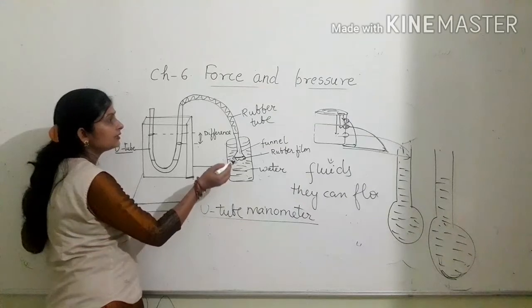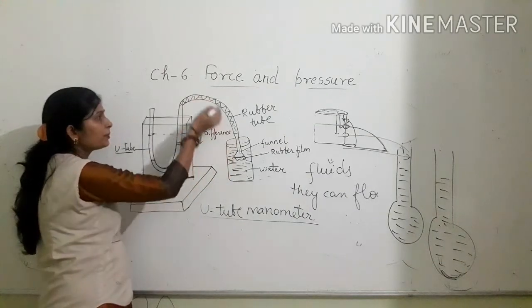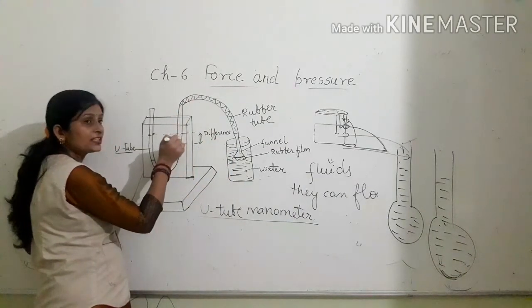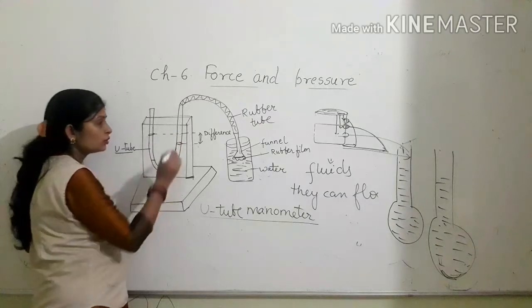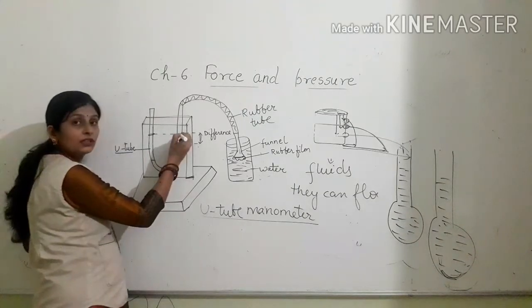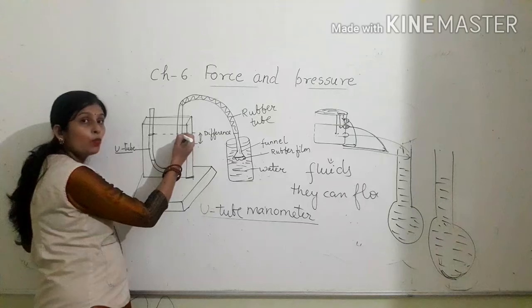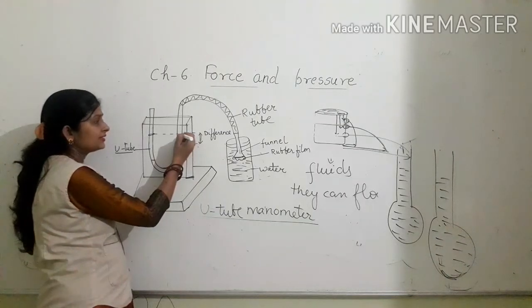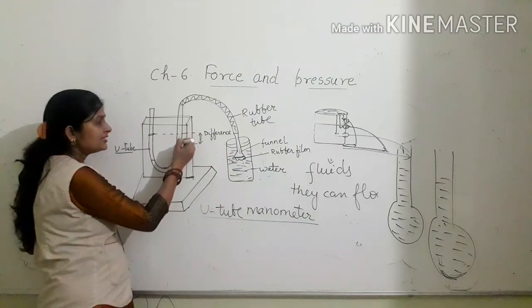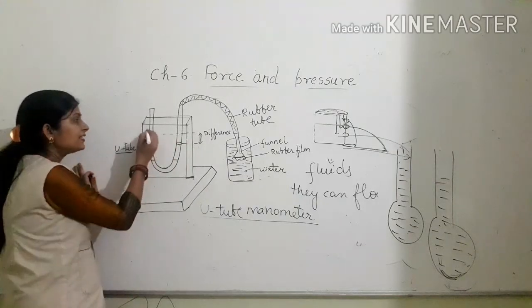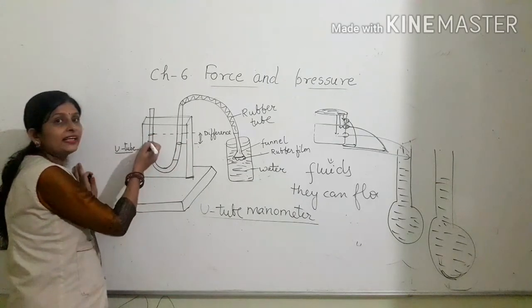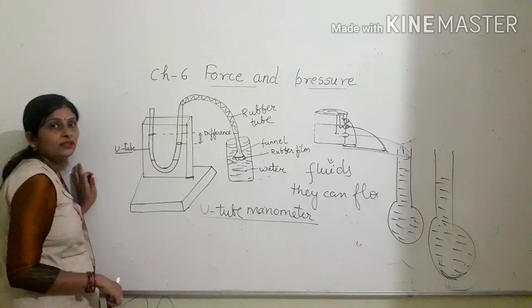As a result, this pressure is transferred, shifted here. So this water level experiences more high pressure. As a result, its level declines and its level automatically rises.